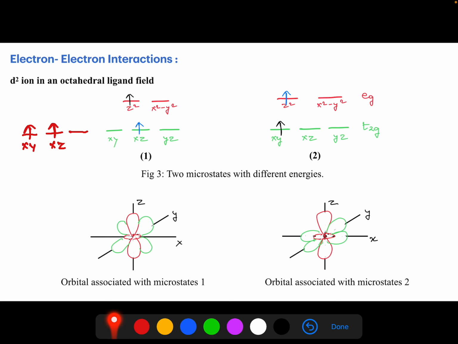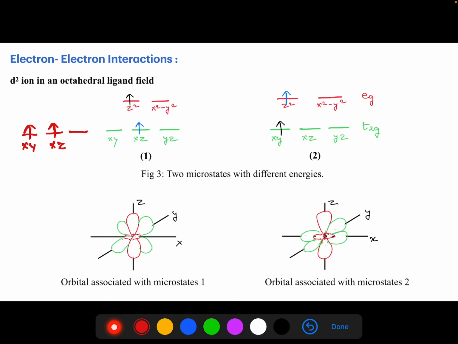Now, according to ligand field theory, both the excited microstates have the same energy. However, this is not the fact. The fact is that these two microstates corresponding to the excited state have different energy. We can understand this by looking at the orbitals associated with these microstates and their electron density.